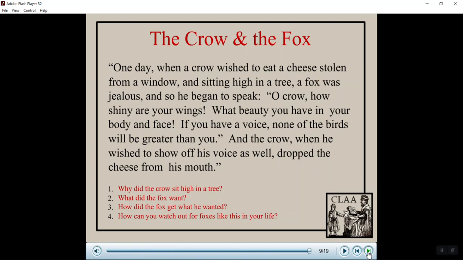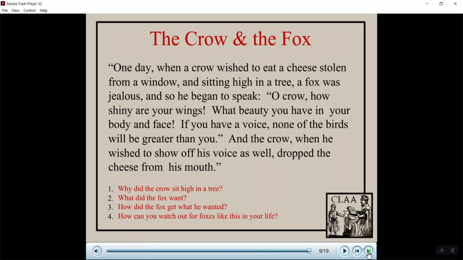One day, when a crow wished to eat a cheese stolen from a window and sitting high in a tree, a fox was jealous, and so he began to speak. "Oh, crow, how shiny are your wings!